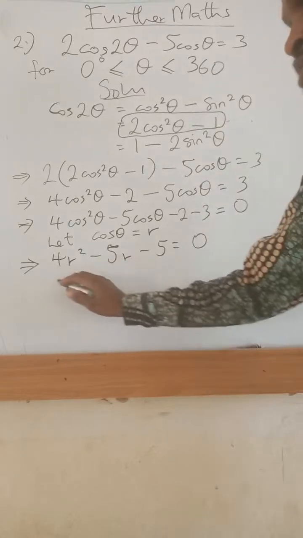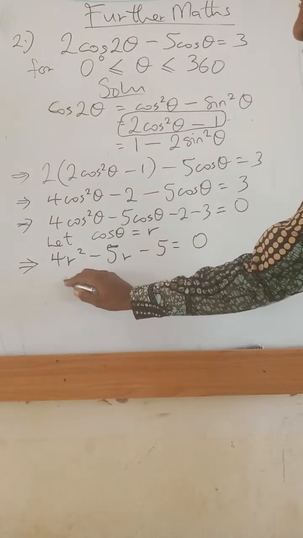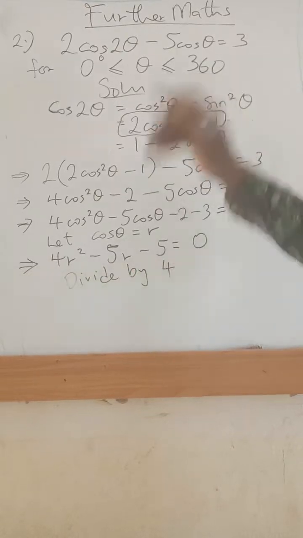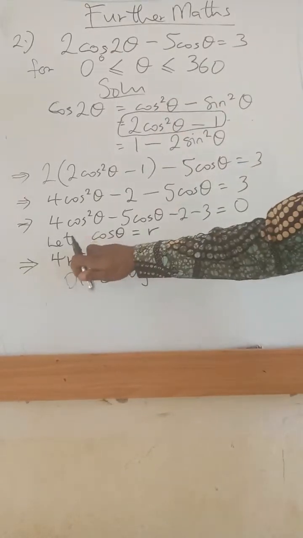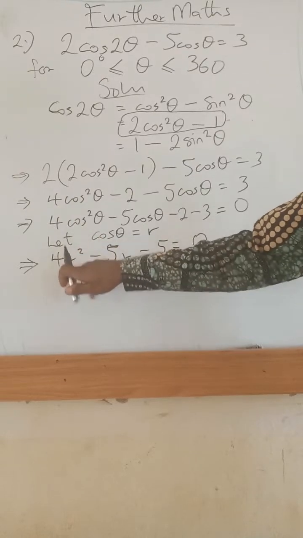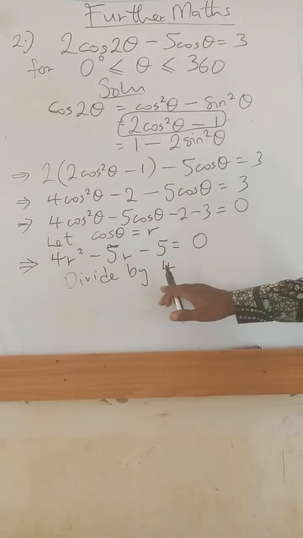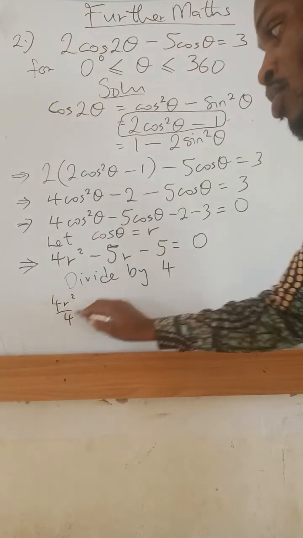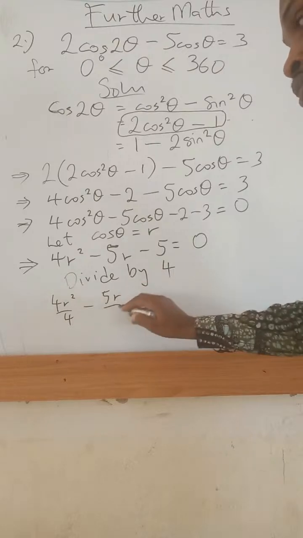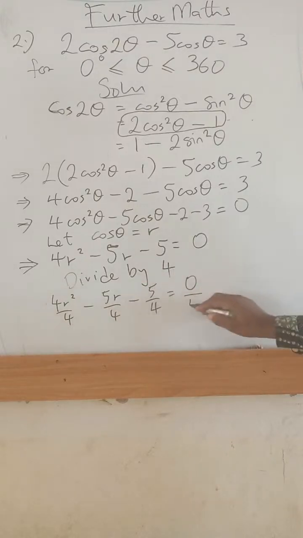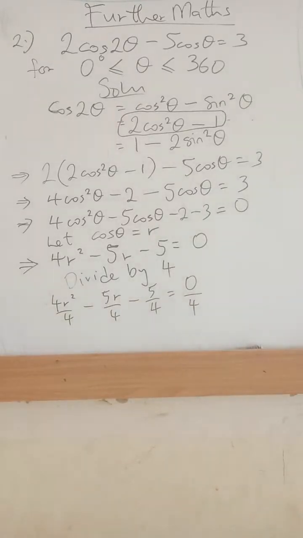Using completing the square, you would want to divide by 4, because the coefficient of the letter with the highest power should be 1. And so since we're having 4, dividing by 4 becomes necessary. So you have 4r squared over 4 minus 5r over 4 minus 5 over 4 equals 0 over 4.